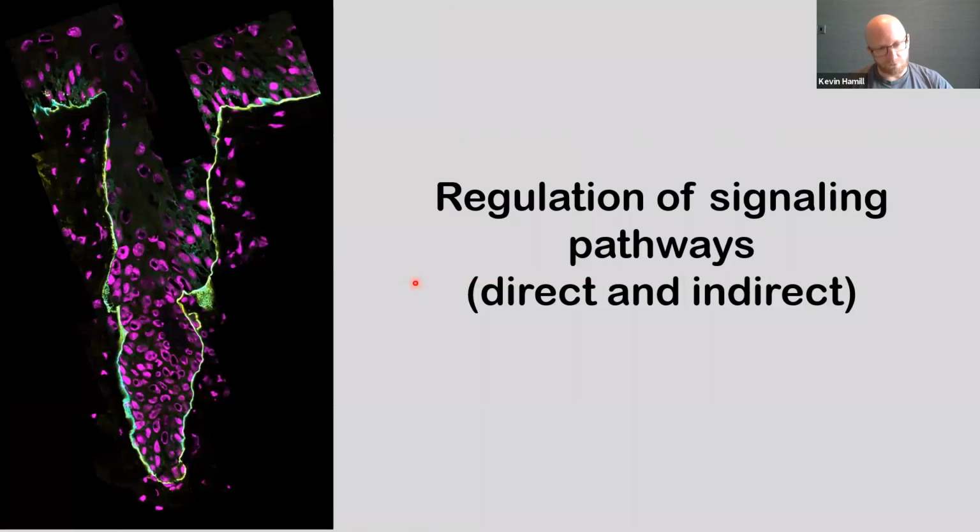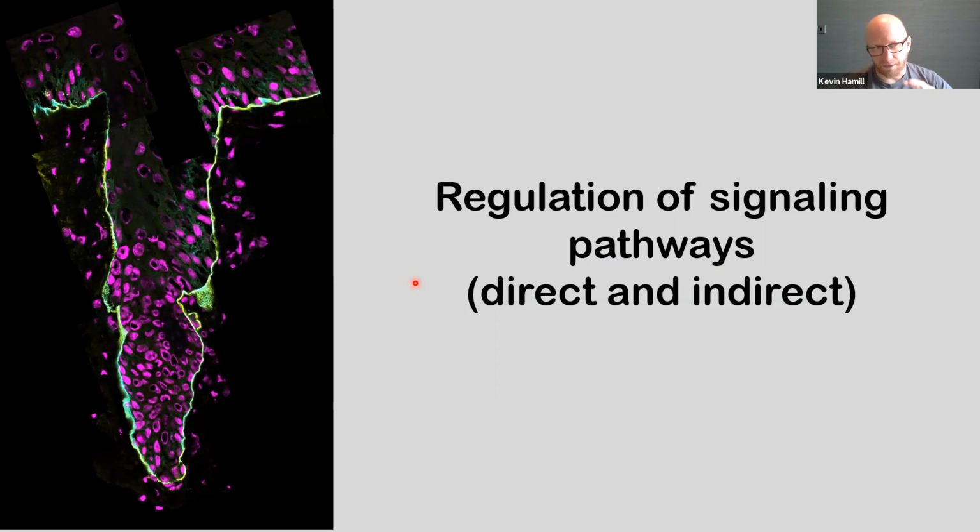But then on top of all that, so it's already doing important structural things, what's become the big deal in the whole basement membrane field is that it's actually a massive hub for signaling in lots of different ways. So the proteins themselves provide a ligand for cell surface receptors to bind and initiate a whole bunch of signaling cascades, but also the structure itself sequesters growth factors, and those are selectively released to create gradients, for example, in a wound repair context, that can influence the cells in either direction.